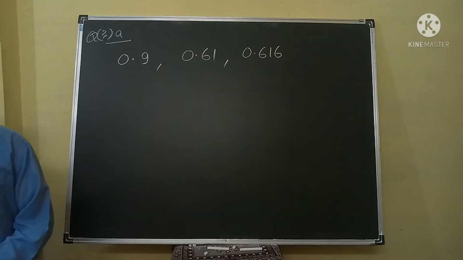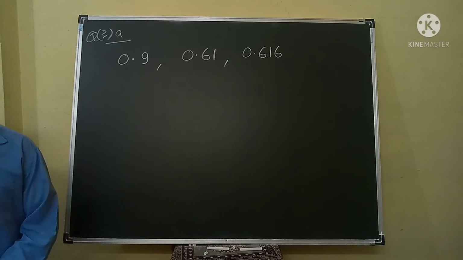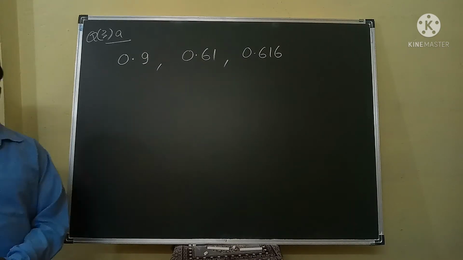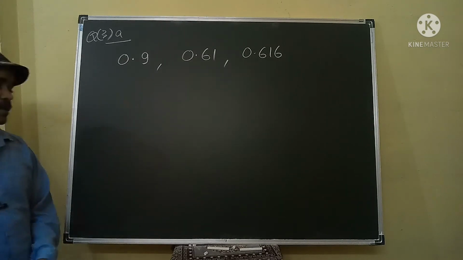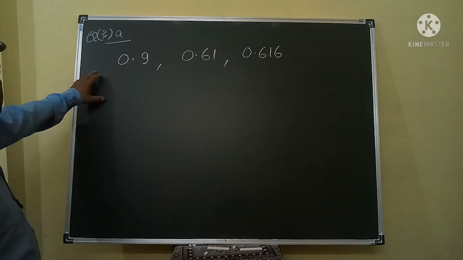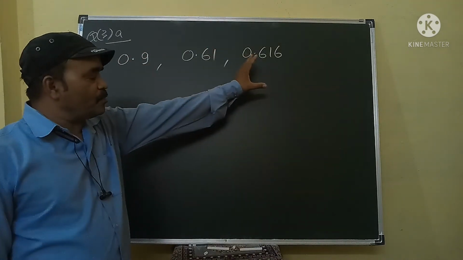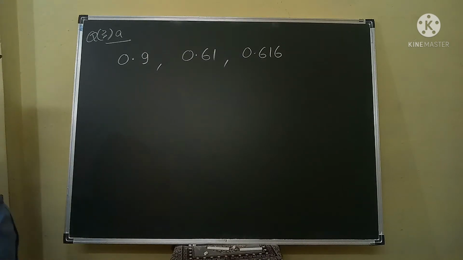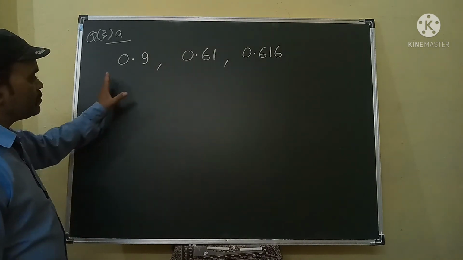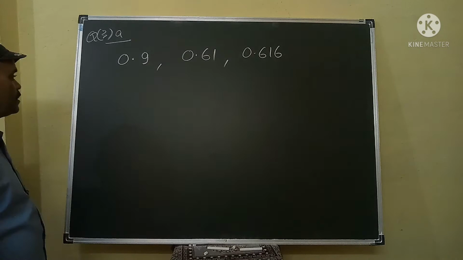Now we will discuss question number 3. Your question number 3 is: convert the following into like decimals. That means the given question is in the form of unlike decimals, and we will convert these unlike decimals to like decimals. How?